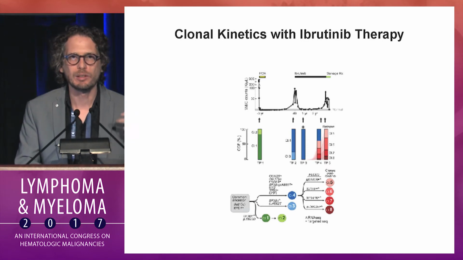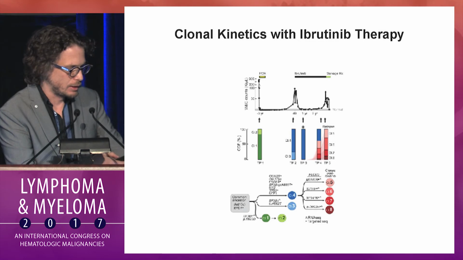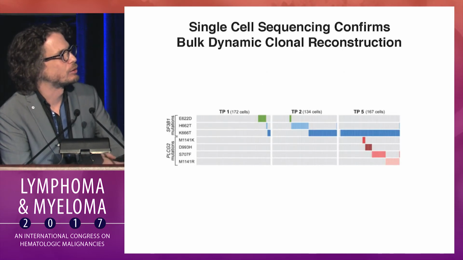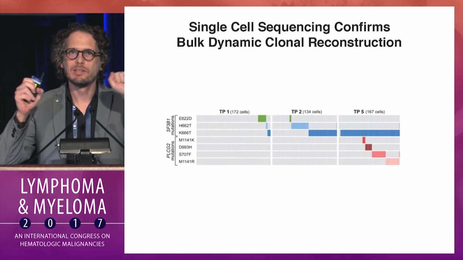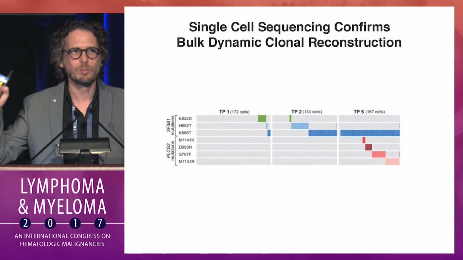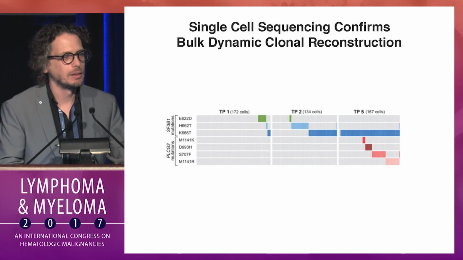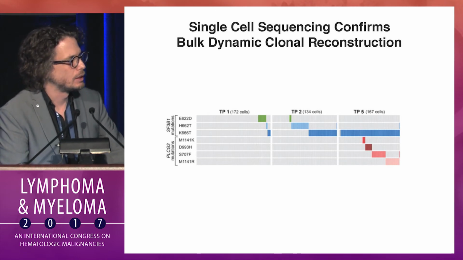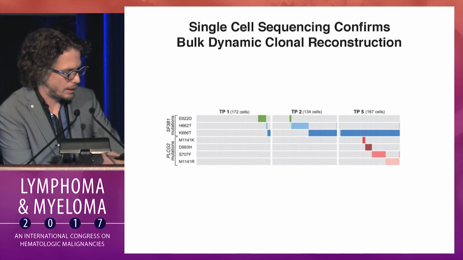There are multiple clones there, and they can all rise up together. And we confirmed through single-cell sequencing that they are indeed sibling clones, present in this CLL patient, and able to subvert the therapeutic attack with Ibrutinib.